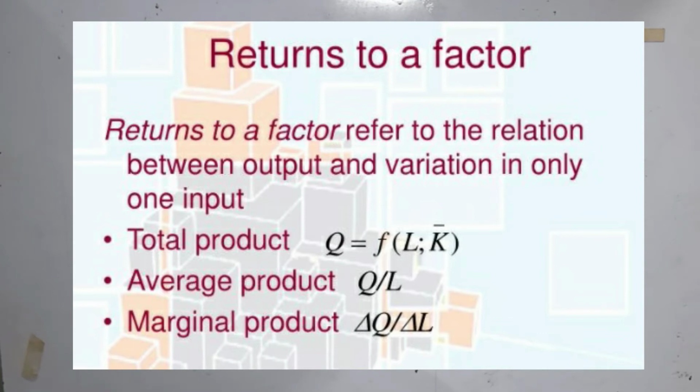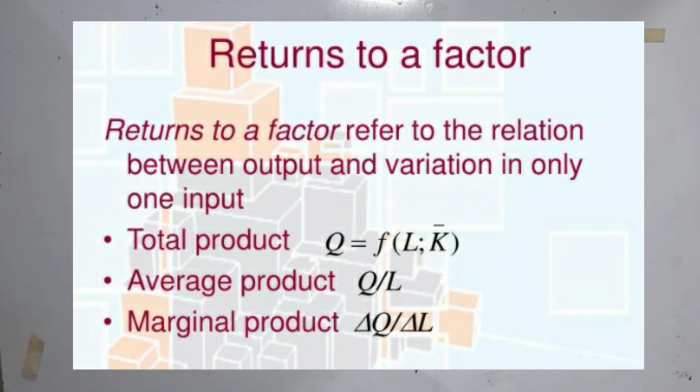The total product of an input is the schedule of output obtained as that input increases, holding other inputs fixed. While the marginal product of an input is the change in total output associated with a 1 unit change in the input, holding other inputs fixed. And the average product is the total product divided by the number of units of the input employed.